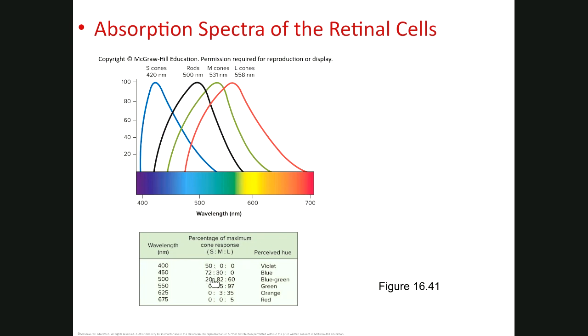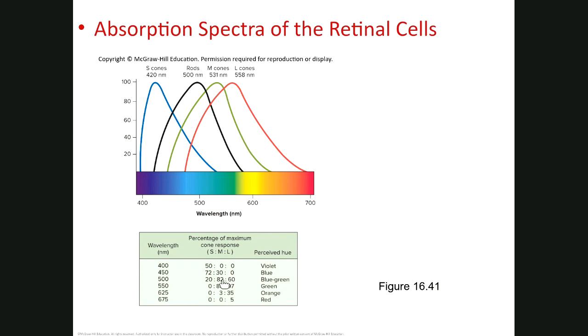But as the wavelengths get bigger, 500, 550, they're best captured by the medium wavelength cones, that can capture that medium range.